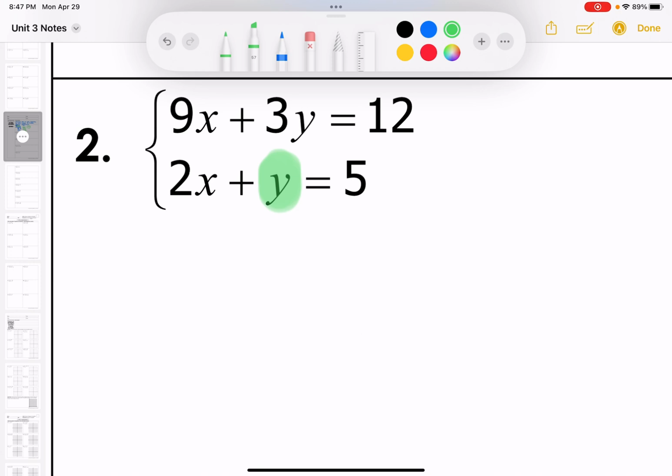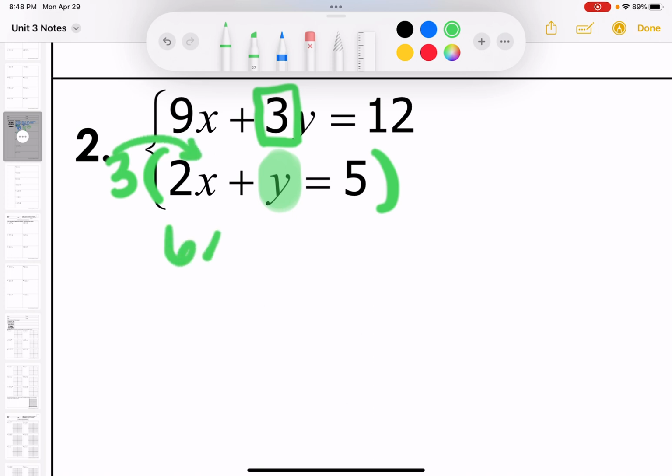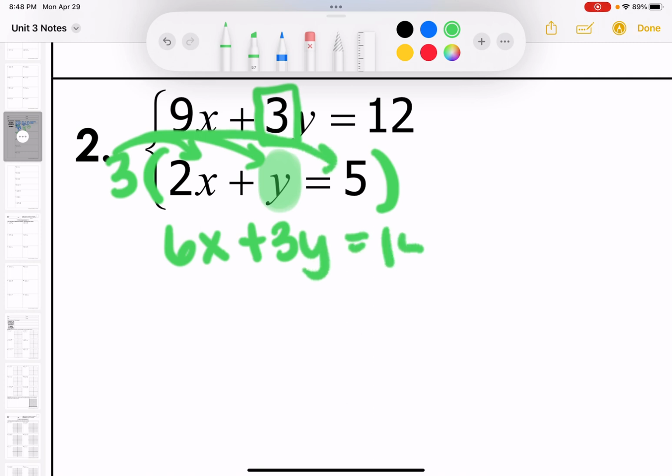So since I'm eliminating y, they both need to have the number 3 in front of them, so then we can have a common coefficient. So I'm going to take my second equation and multiply it by 3. So we're going to use the distributive property. So 3 times 2x is 6x, 3 times y is 3y, and 3 times 5 is 15.